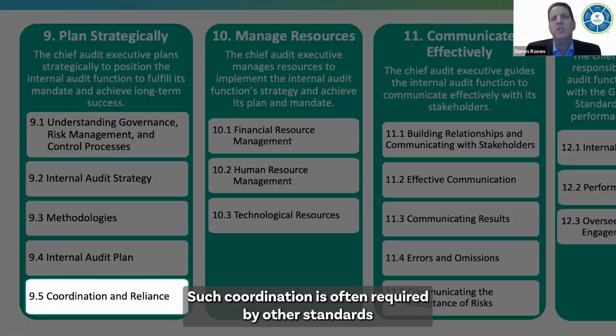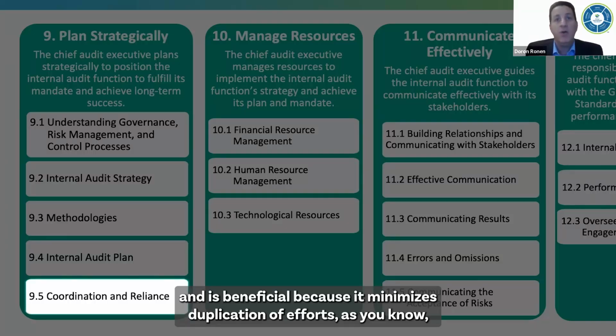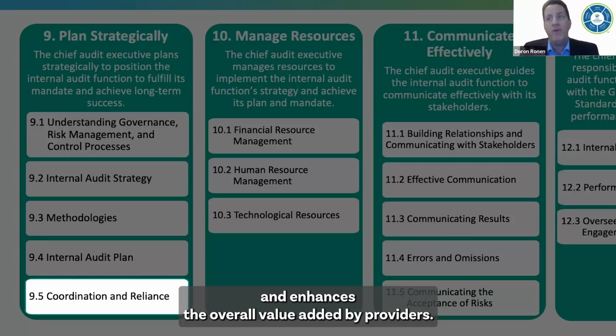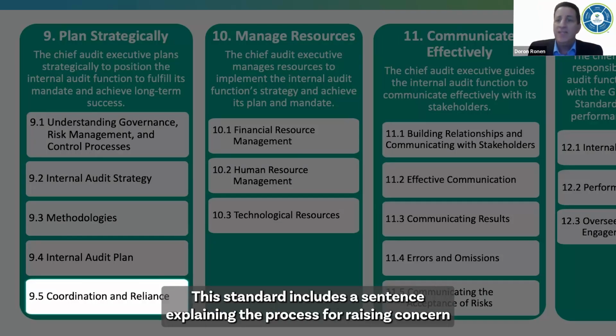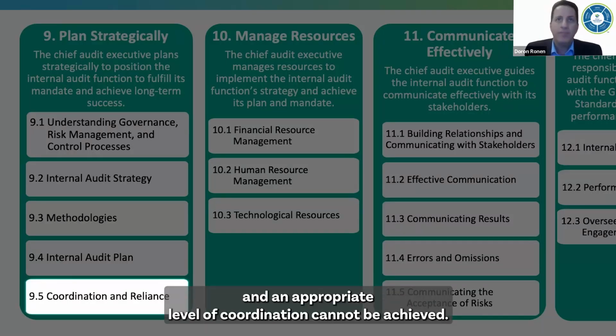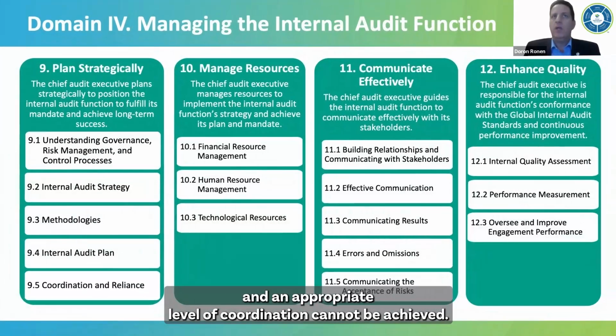Such coordination is often required by other standards and is beneficial because it minimizes duplication of efforts, as you know, highlights gaps in coverage of key risks, and enhances the overall value added by providers. This standard includes a sentence explaining a process for raising concern when attempts to coordinate are not reciprocated and an appropriate level of coordination cannot be achieved.